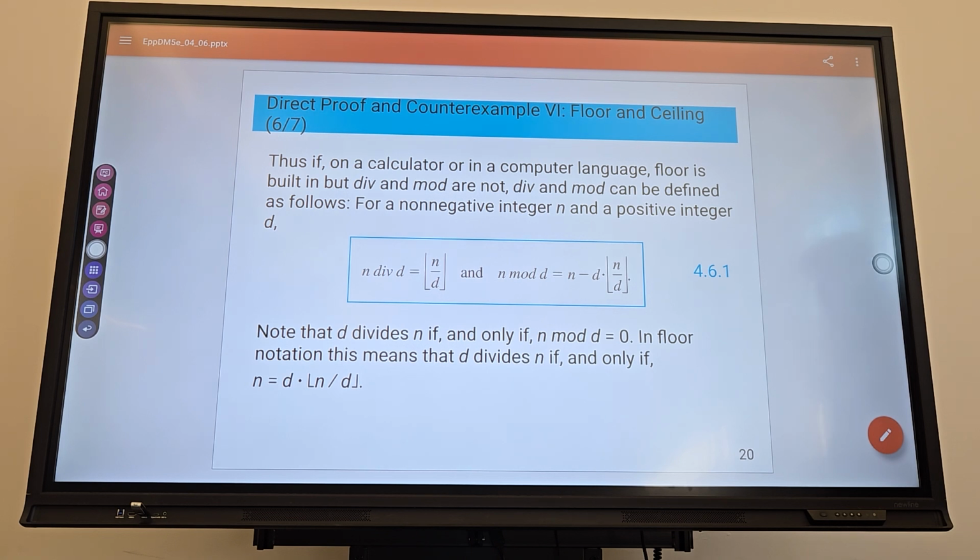Note that d divides n if and only if n mod d equals 0. In floor notation, that means that d divides n if and only if n equals d times the floor of n over d.